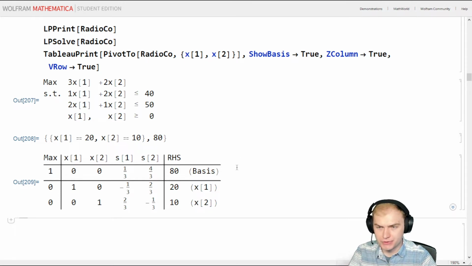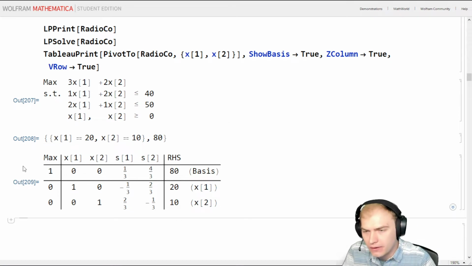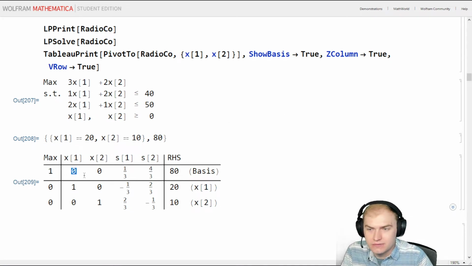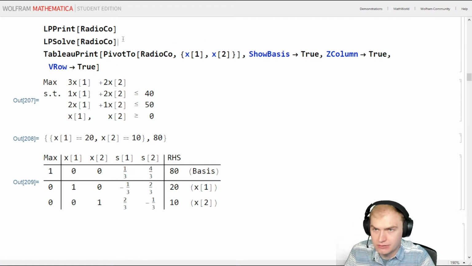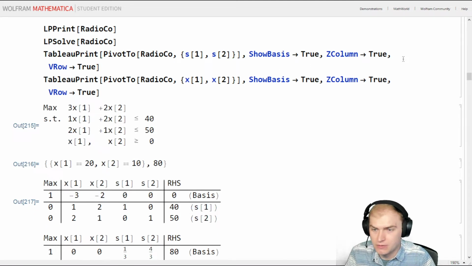Okay, so when we change the objective function value in the original problem, when we reduce this to 2, okay, actually, yeah, let me do this. S1, S2.